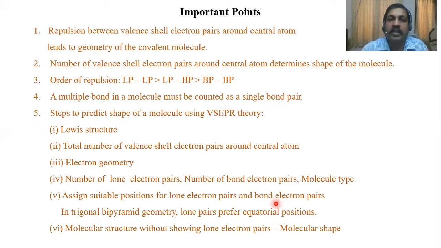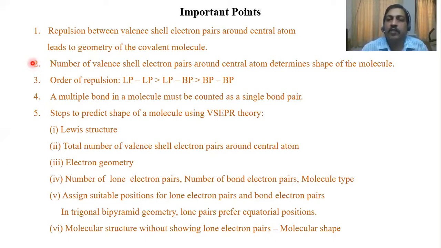So now let us look at the important points that we learnt in this topic. The first point: repulsion between the valence shell electron pairs around the central atom gives rise to the geometry of the molecule. Second, the number of valence shell electron pairs around the central atom determines the shape of the molecule.